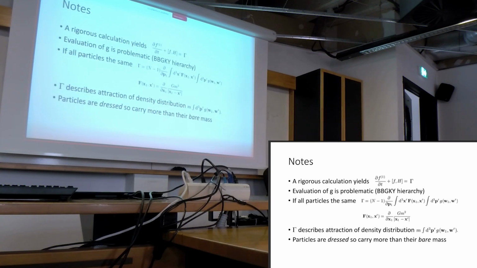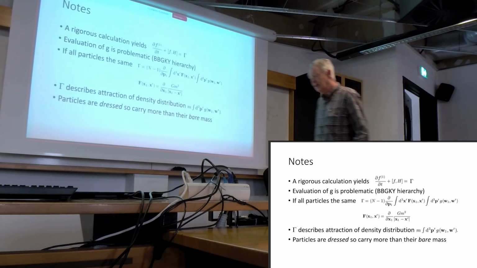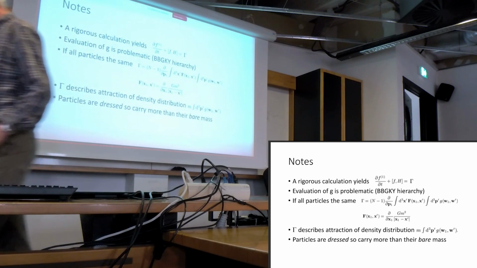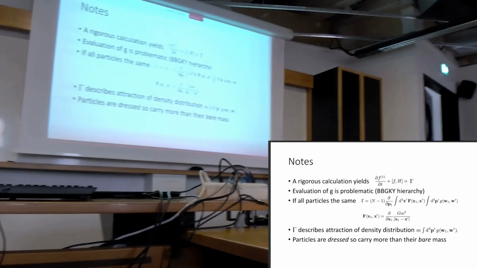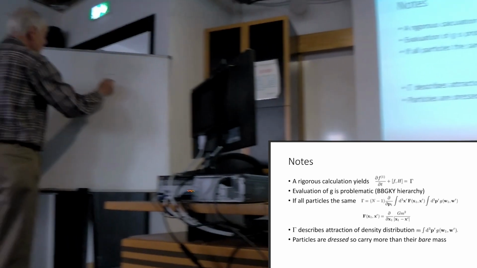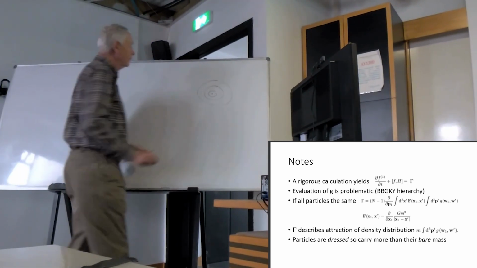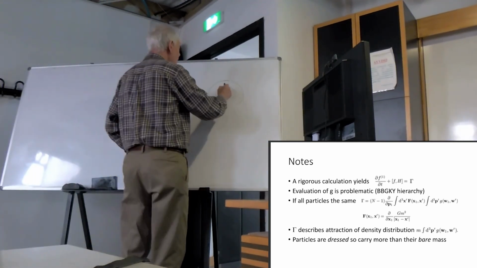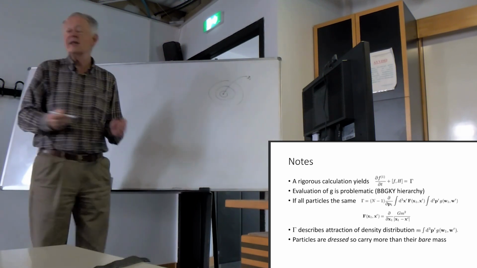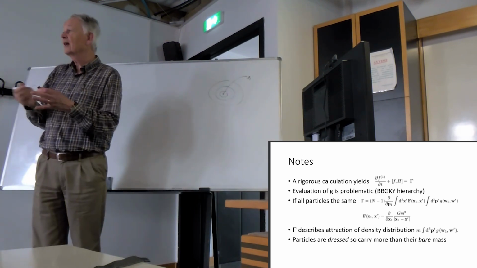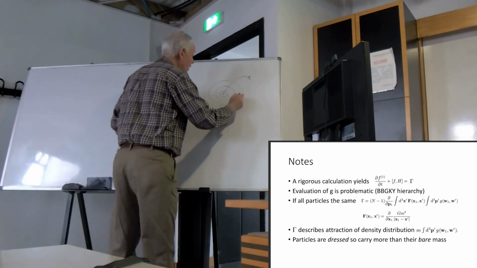So that leads us to the really important idea that what's driving the relaxation is that around each particle, around each star, there is a little entourage. These are contours. Here I am. This is what we've chosen to call X1. And surrounding it, there is an enhanced probability of finding another particle at X prime.